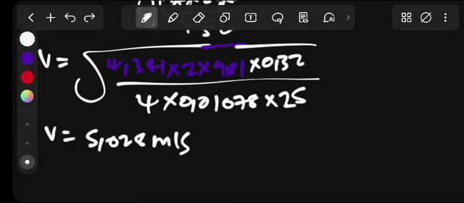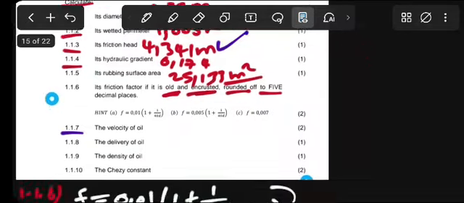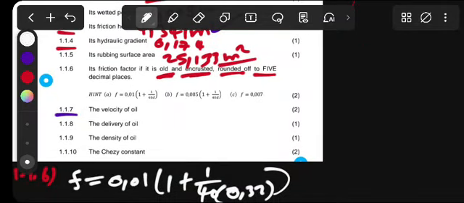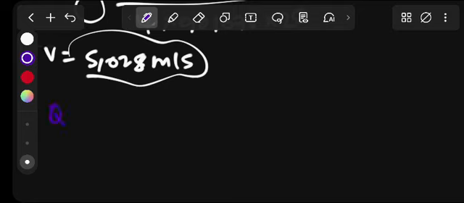All right, so what do we have now? Here is the delivery of oil, talking about Q. Q will be equal to what?